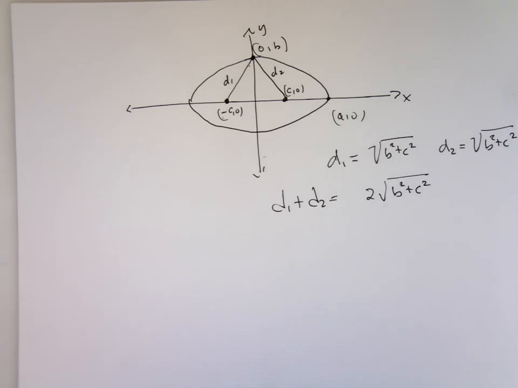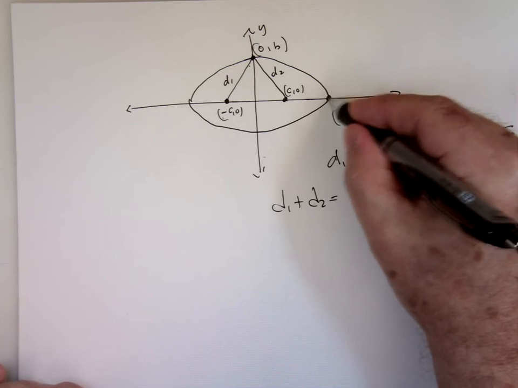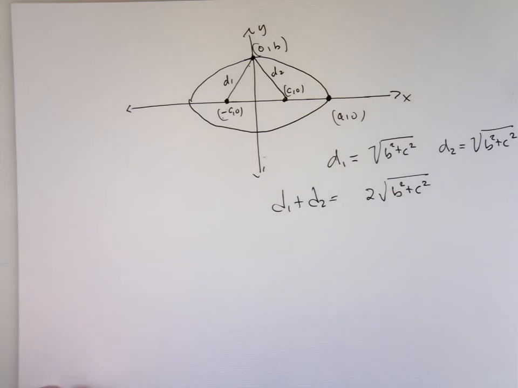Now that sum is going to equal the sum of the two distances from any point on the ellipse. That's how you get any ellipse. You take all those points in the plane, the sum of the two distances from those two foci is a constant.